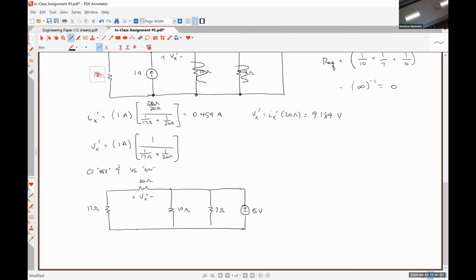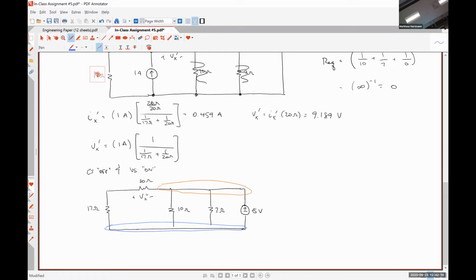All right, let me ask you guys a slightly different question that is leading on purpose. We have a node right here and another node down here.